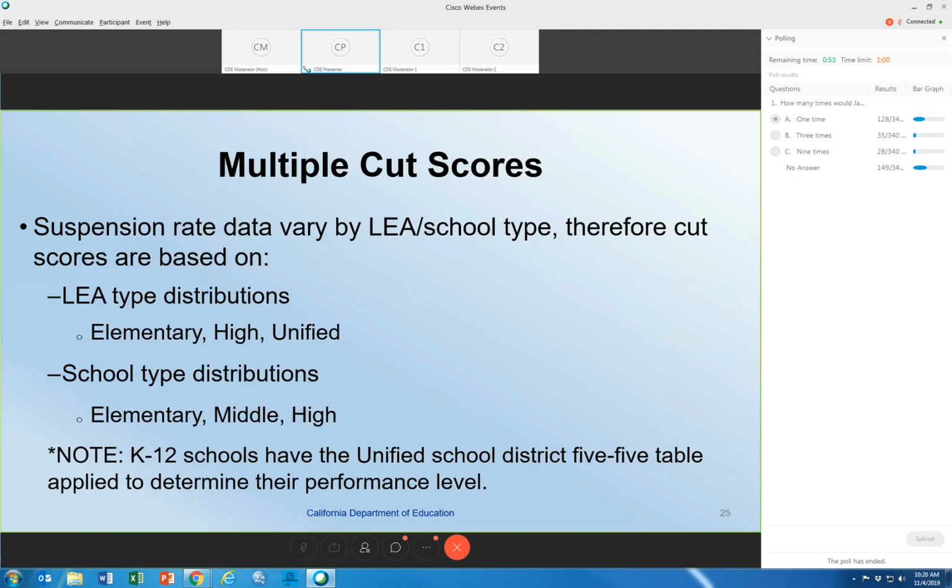Suspension rate data will vary by LEA and school type. Therefore, we have based our cut scores here in our accountability system on 3 different LEA types, elementary, high, and unified, and 3 different school types, elementary, middle, and high. Special note, K-12 schools have the unified school district 5x5 table applied to them to determine their performance levels.